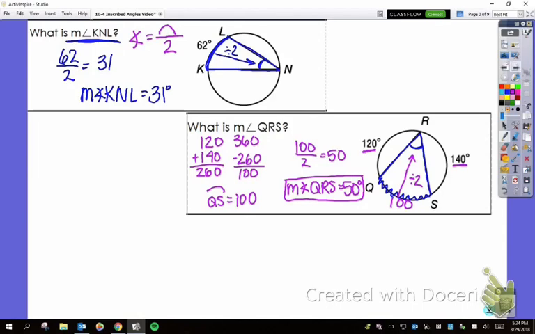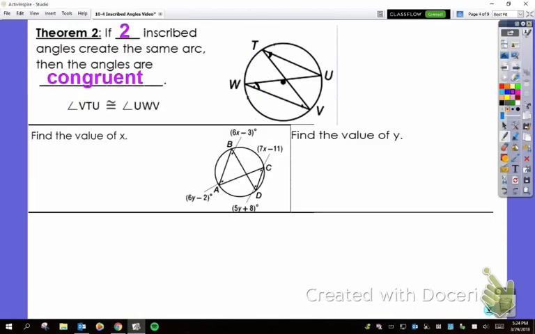Our second theorem says if two inscribed angles create the same arc, then the angles are congruent. So they say angle VTU is congruent to angle UWV. Let's look at angle VTU right here. Angle VTU is this angle right here, and that angle intercepts arc UV.